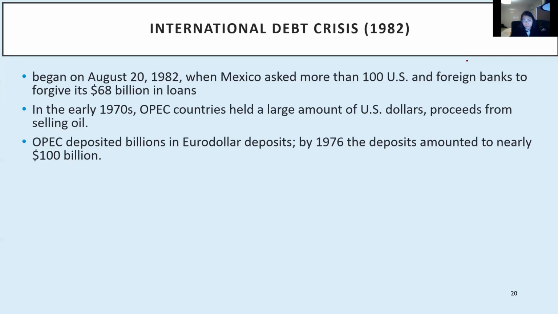As a result, banks around the world started to have a lot of money to invest. By 1976, the OPEC countries had deposited around $100 billion in banks around the world.